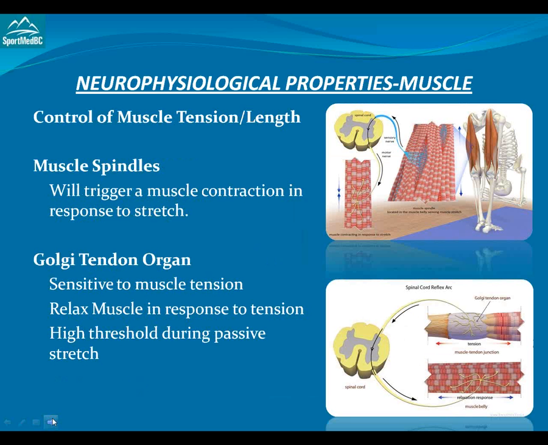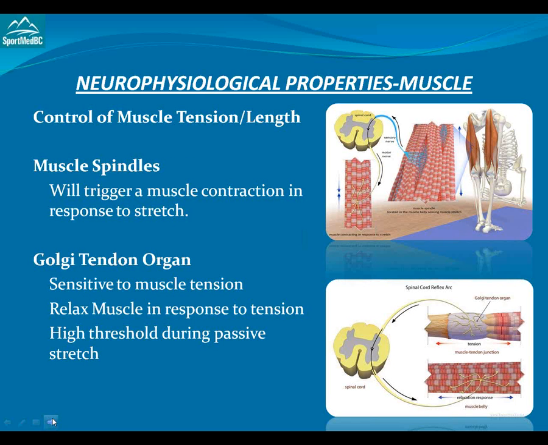So looking mainly at these neurophysiological properties of muscle, there's two main components that actually control the muscle tension and the muscle length, and this is at a really cellular level. One thing we look at, if you look at the picture in the upper right, is muscle spindles.